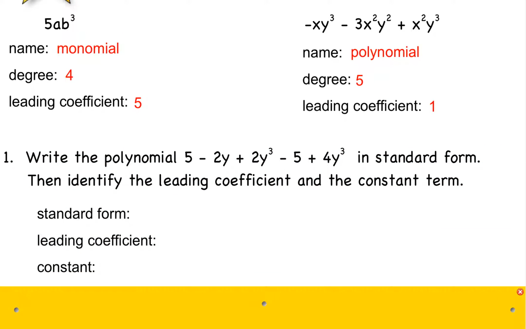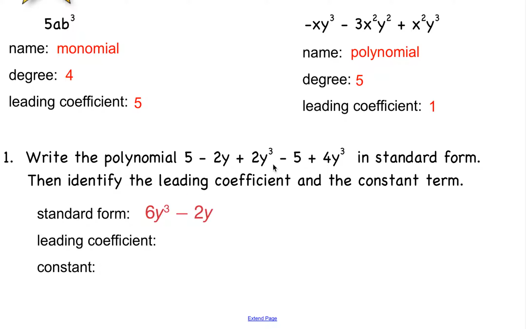Our next problem says write the polynomial 5 minus 2y plus 2y cubed minus 5 plus 4y cubed in standard form, then identify the leading coefficient and the constant term. For standard form, we need to combine our like terms. We have a 2y cubed and a 4y cubed. That'll give us a 6y cubed. Then our plus 5 and minus 5 cancel out, and then we have a minus 2y.